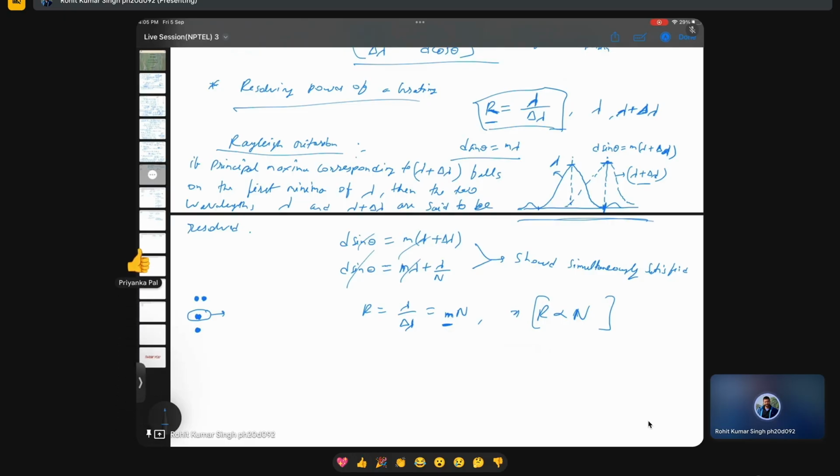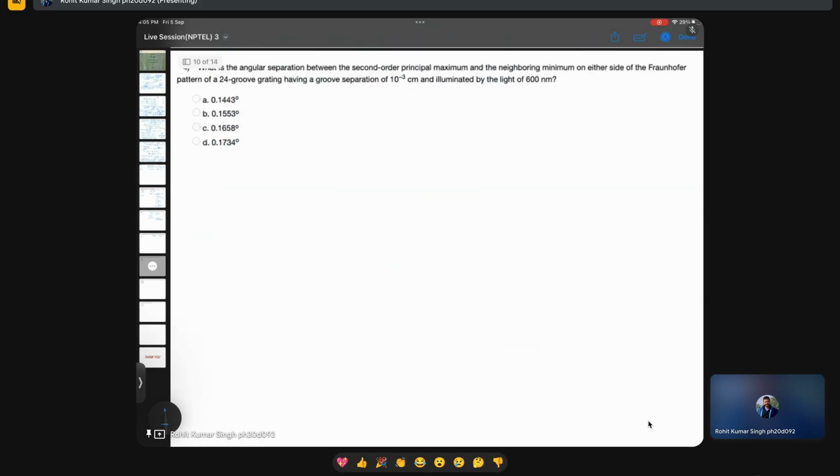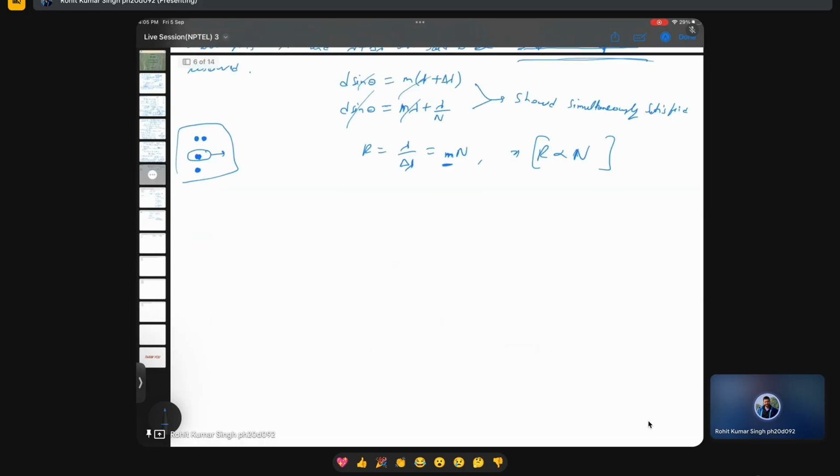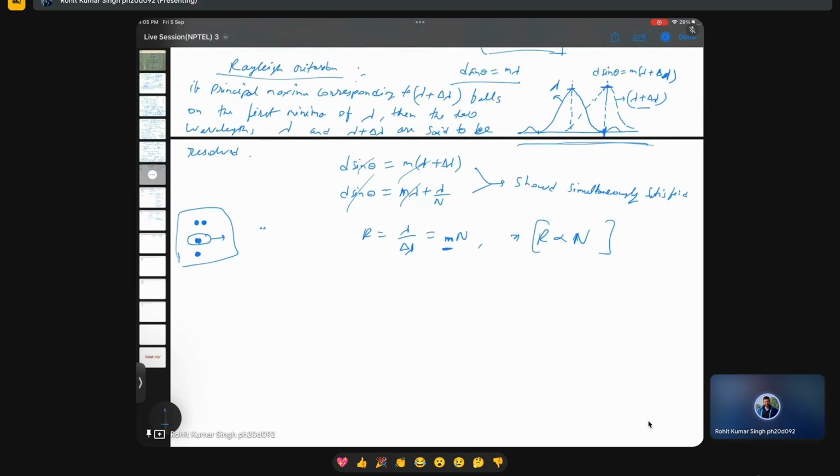So it's a standard thing, and this is a very general thing, you will find it everywhere. If you are using a telescope to look at stars, and the two stars are very close together, how will you say that they are two different stars? You have to use this Rayleigh criterion there also.